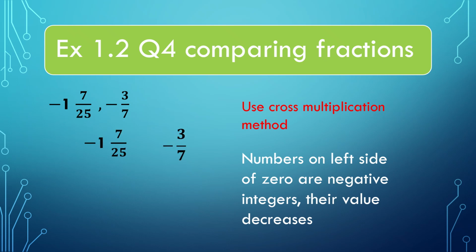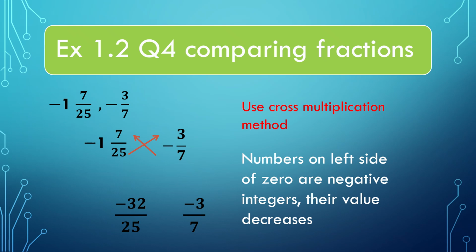Now let's start. We have these two fractions and we will start multiplying them. But first we have to convert this mixed number to an improper fraction, and we get minus 32 over 25 and minus 3 by 7.